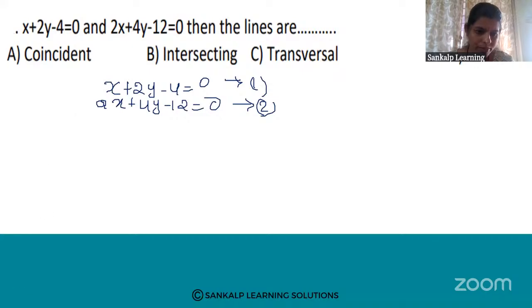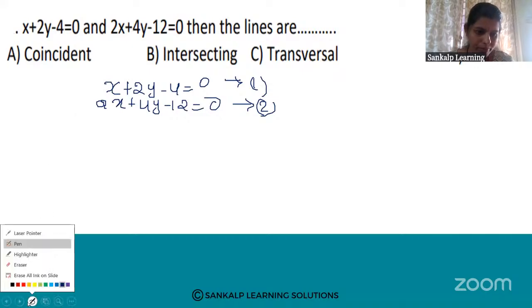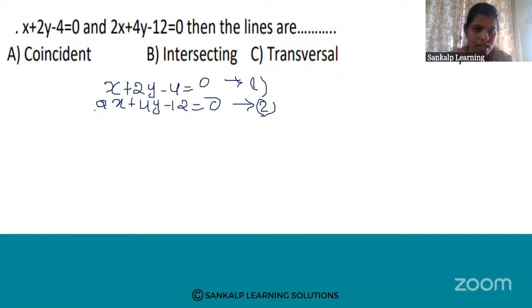Wait a minute. Yes, so this is a1x plus b1y plus c1 equal to 0, and this is a2x plus b2y plus c2 equal to 0.